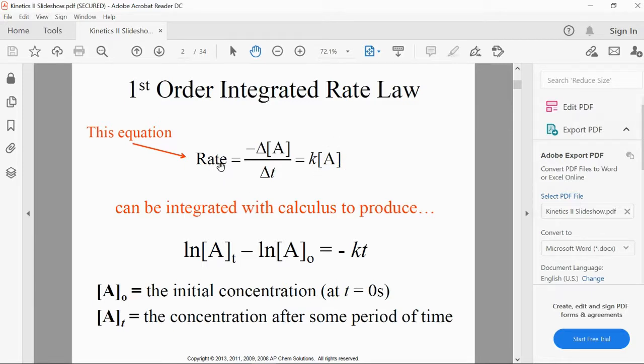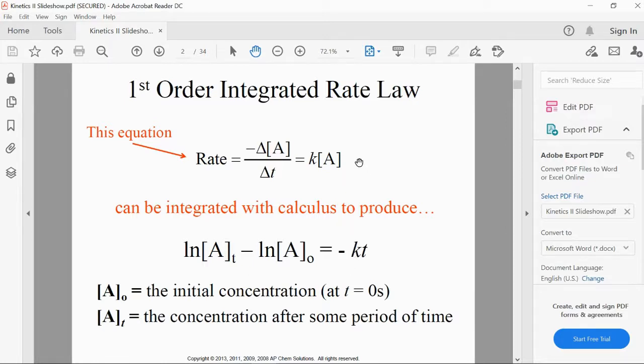And that is how we can determine the rate of either an individual reactant or the overall reaction. And then, of course, this was raised to some power that represented the order of that reaction. So this expression can be integrated with calculus to produce this guy.